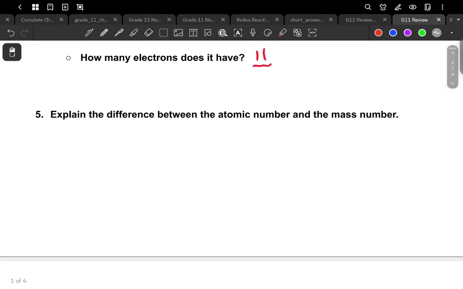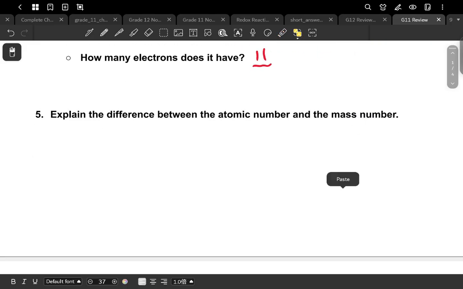Explain the difference between atomic number and mass number. Actually, the atomic number is the number of protons.